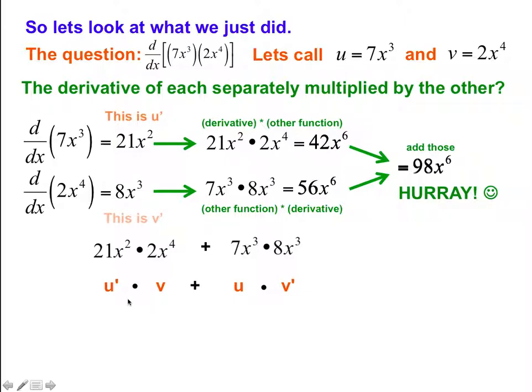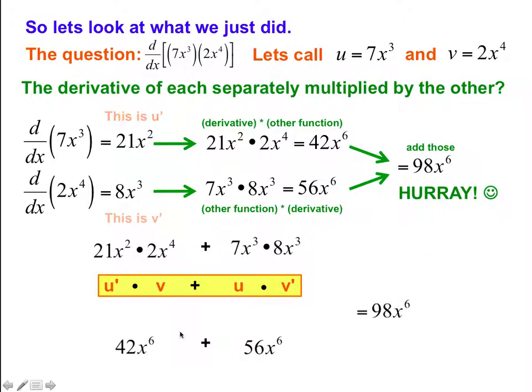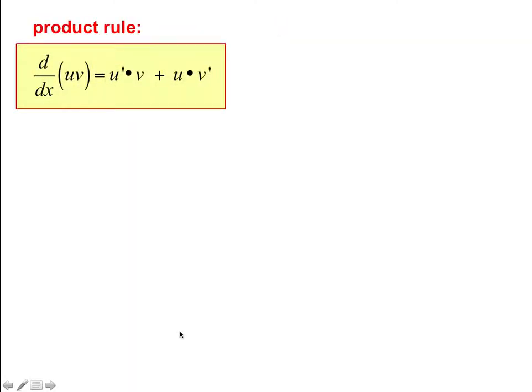And so this is the expression of the product rule. We take the derivative of the first times the second, and then we add to it the first times the derivative of the second. In other words, taking the derivatives one expression at a time. So we call that the product rule. And if we add those products together, that gets us the right answer. Now we have a box for this.